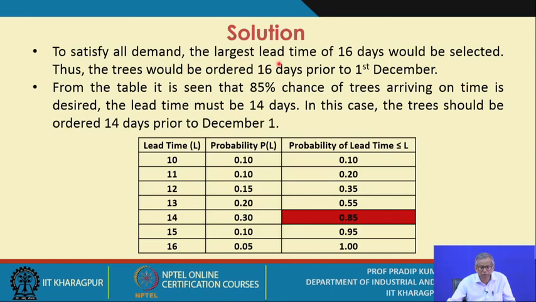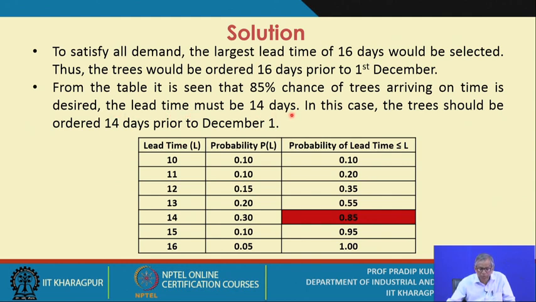To satisfy all demand, the largest lead time of 16 days would be selected, as the trees would be ordered 16 days prior to the 1st December. That means there will be no stock out situation. However, from the table it is seen that 85% chance of trees arriving on time is desired.